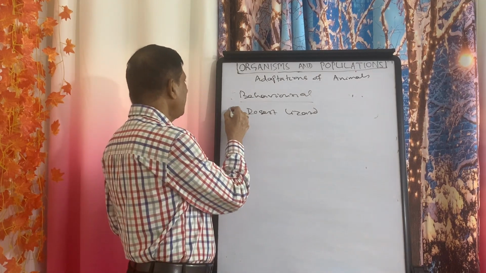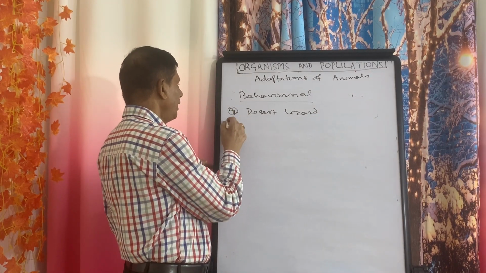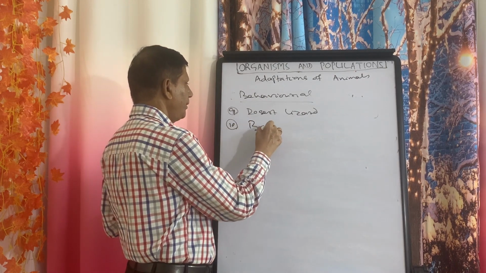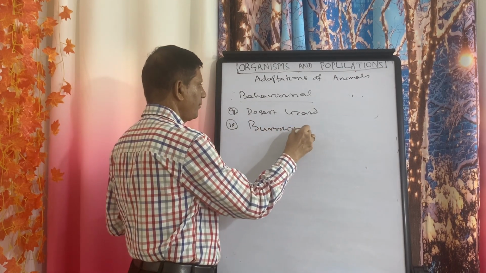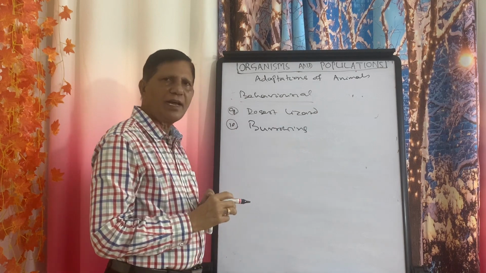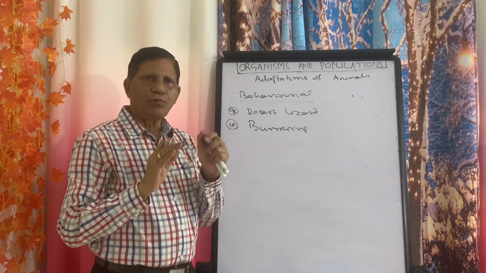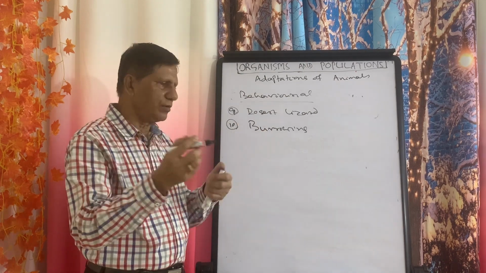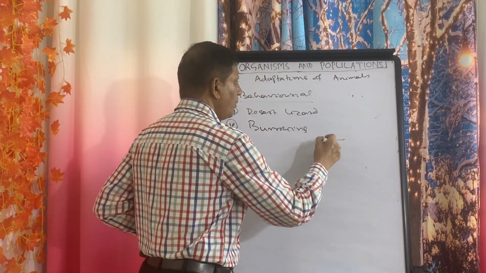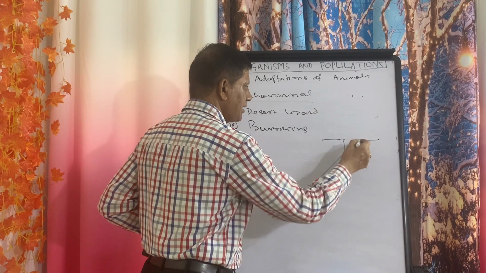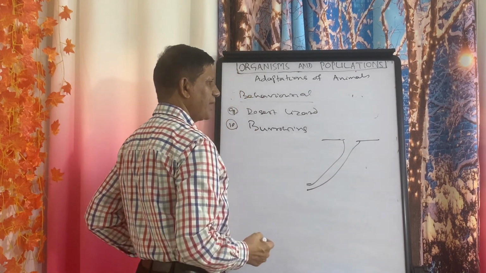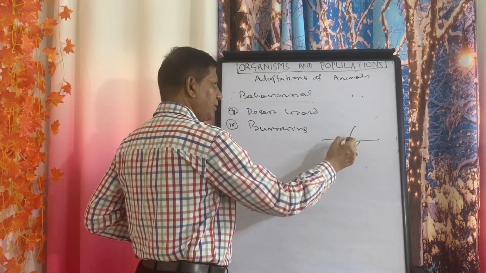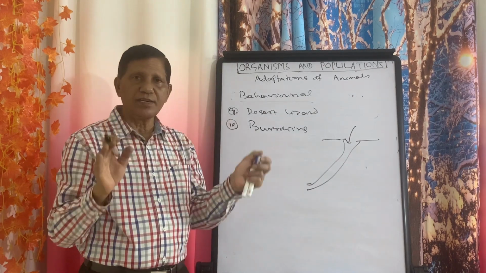So this is a behavioral adaptation. Then another case is burrowing. There are some organisms that, to avoid stressful conditions in the external environment above the ground, create holes within the ground and enter into them when the outer conditions are stressful.